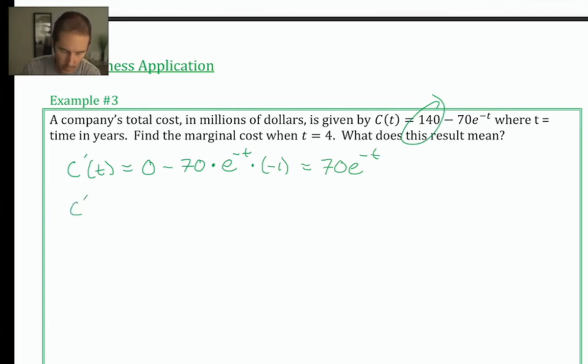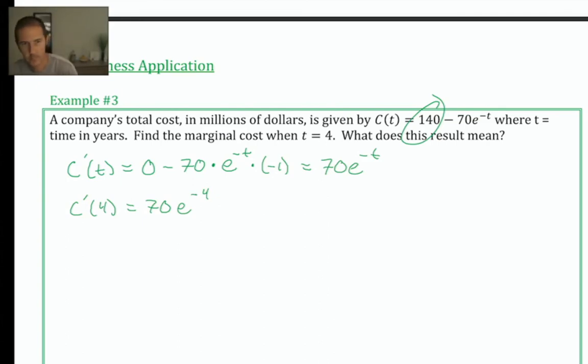Let's evaluate our marginal cost function for a t value of 4, and I'm going to have to grab a calculator from somewhere. So that is 70 times e to the negative 4. And if you'll pardon me, I will grab a calculator.